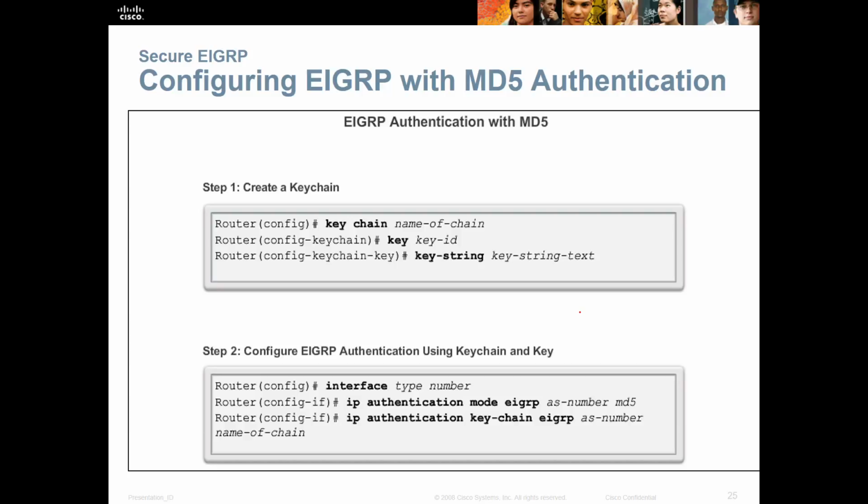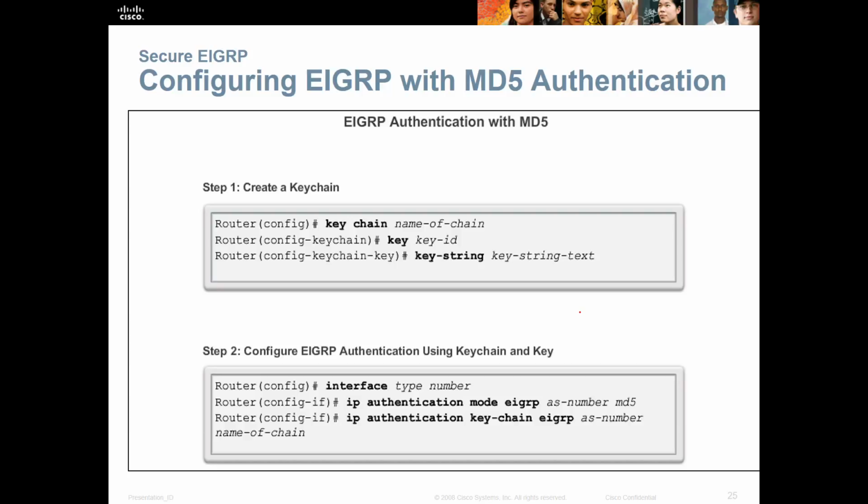You're going to do a key chain, and you're going to name the key chain. You're going to do a key ID and a key string. Once you do that, you can set up the EIGRP using a key chain and a key.